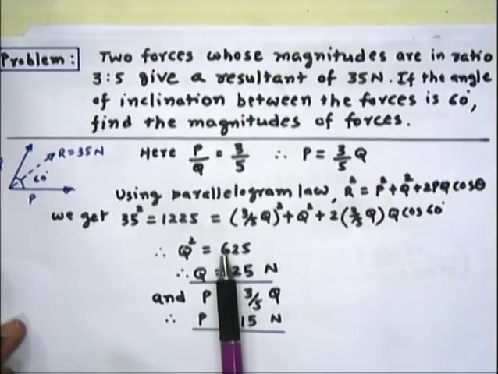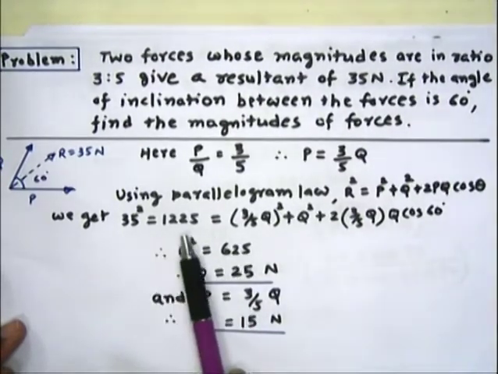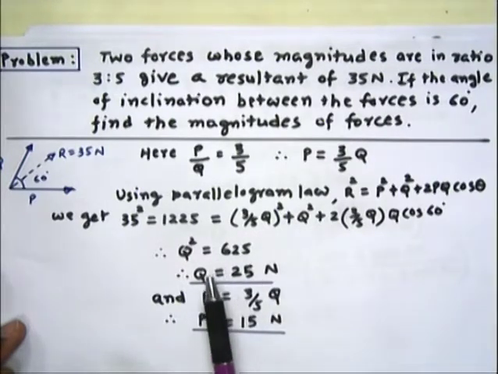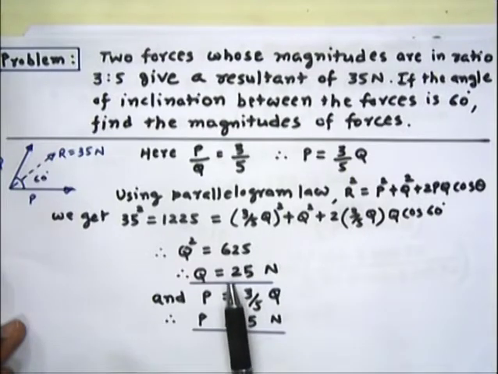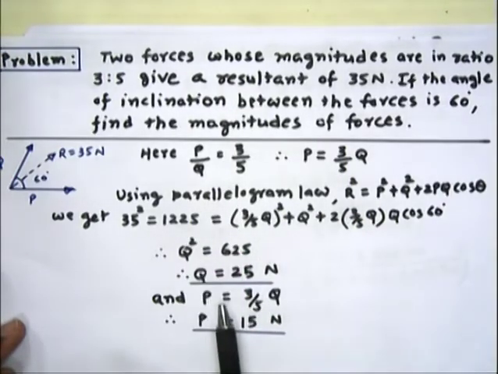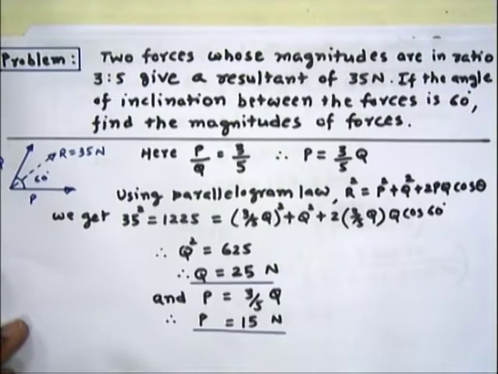On simplifying, this is in terms of Q only, so we find Q square is equal to 625. So Q is equal to 25 Newton. And knowing Q and using the given relation, we can find P as 3/5 Q, equal to 15 Newton. So this is how this problem can be solved.